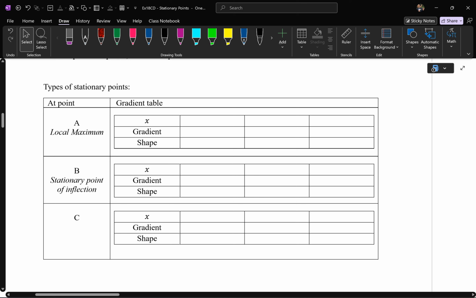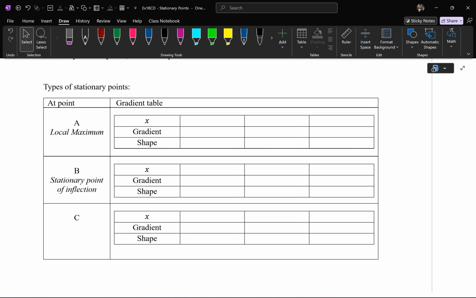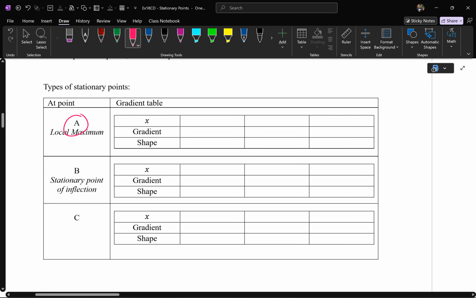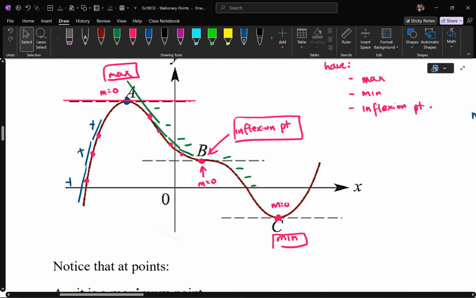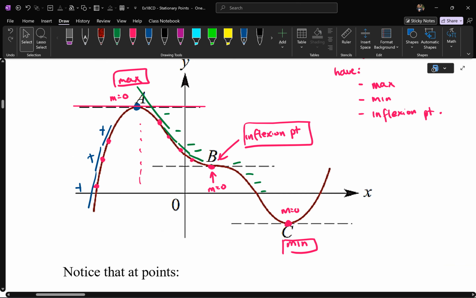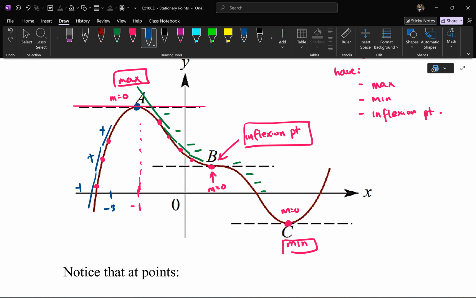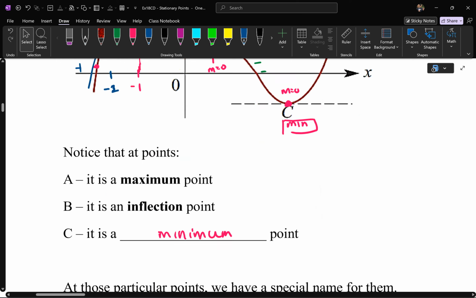Later on, you'll use it to justify if it's a maximum, minimum, or inflection point. But the idea is, wherever the point is, so at point A, let's say I said that was at -1. Then if I chose a number smaller than -1, for example -2, then I expect the gradient to be positive.